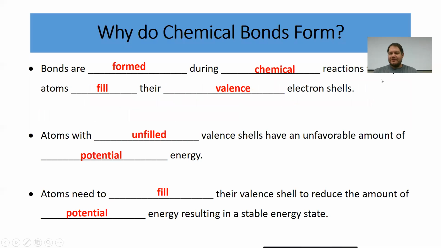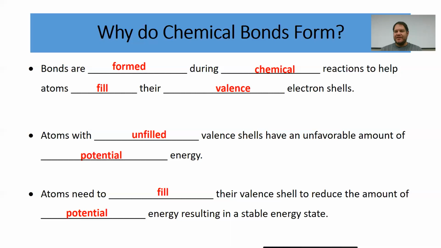So again, though, we haven't answered our question. We've defined what a chemical bond is, but why do these atoms come together and chemically bond together to form these compounds? Why do they just not stay apart? Well, the answer comes with an understanding of energy and understanding of the valence electron shell, okay?